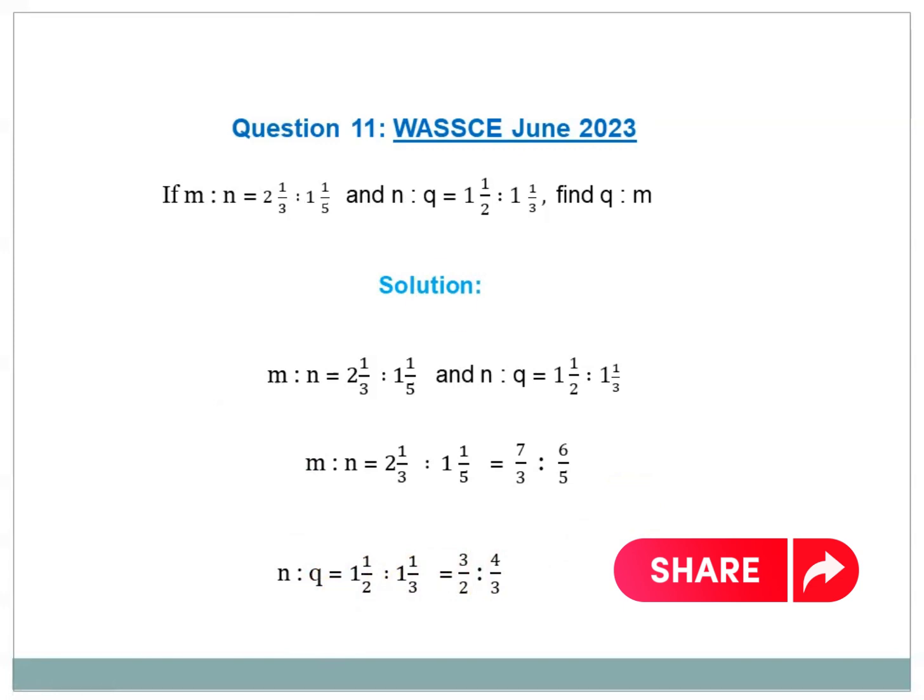So what is the next step we need to take now? Let's say that's ratio m to n. Now we can rewrite it in another form as m over n. We know that m is equal to 7 over 3 when we convert it to an improper fraction, and n is equal to 6 over 5.